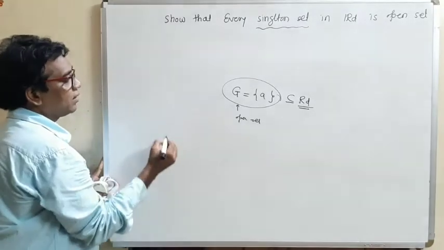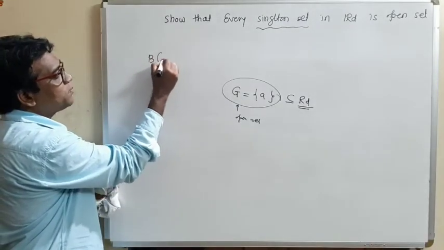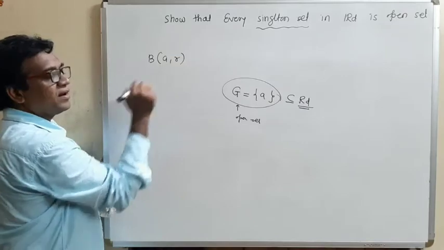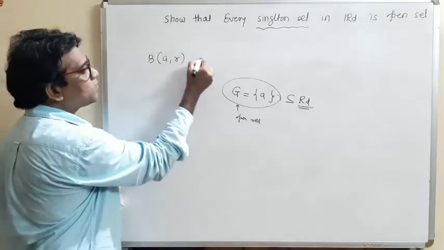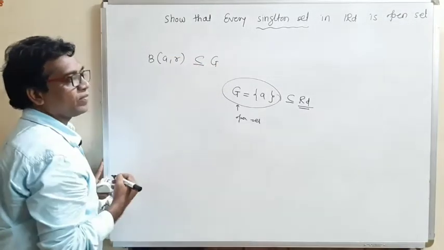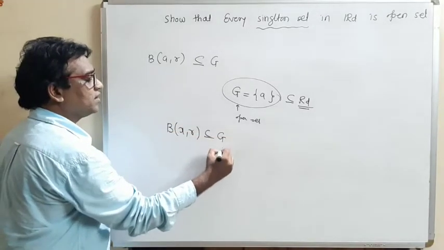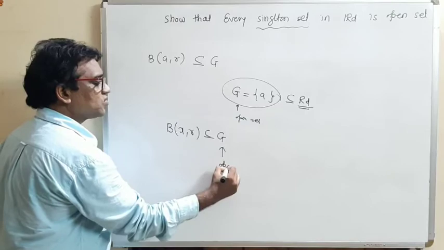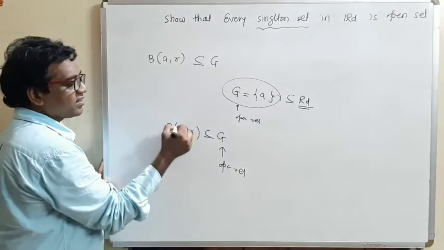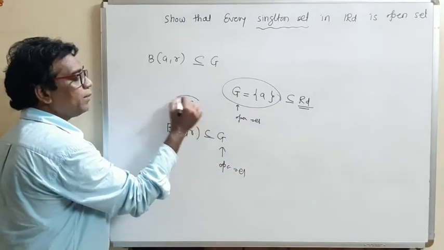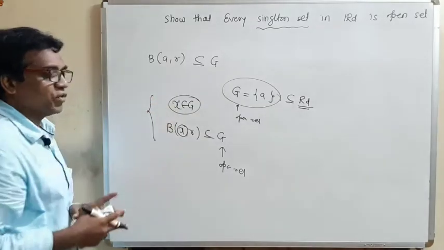Find some open sphere B with center at a and radius r, an open sphere which is a subset of G. If you find some open sphere B(x, r) which is a subset of G, then G is called an open set, where x is every element of G. This is the basic idea for showing the open set.